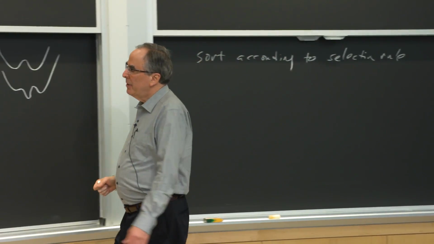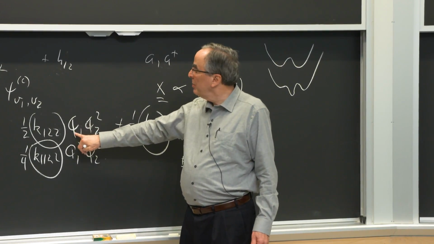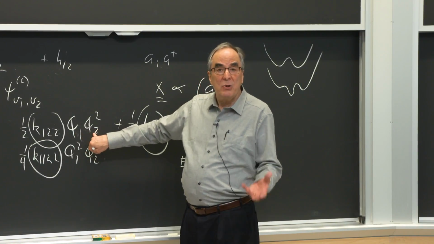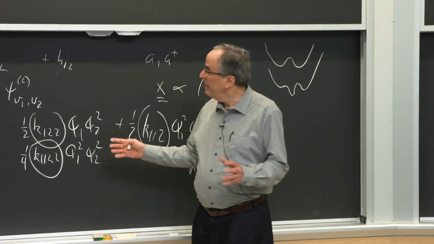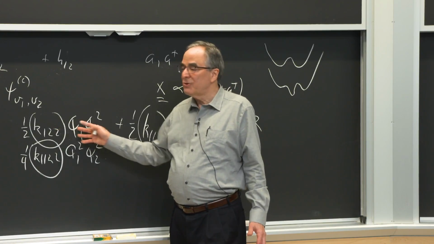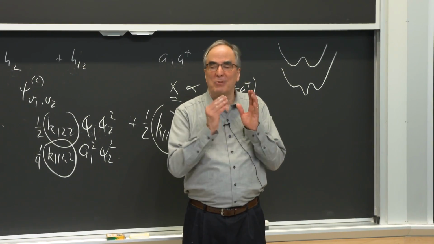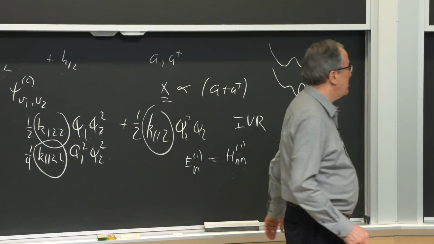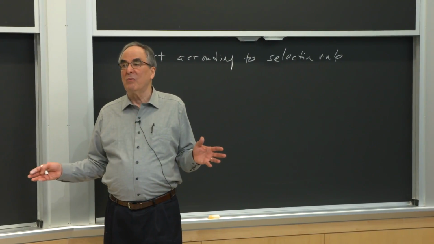So, for example, here we have a selection rule, delta V1 is plus or minus 1, and delta V2 is plus or minus 2 and 0. And so there are then 6 possible selection rules associated with these sorts of terms. And what you want to do is do the algebra that combines all this horrible stuff according to selection rule. That leads to simplification of the formulas. And then once you've got everything sorted according to selection rule, then you can calculate what happens.